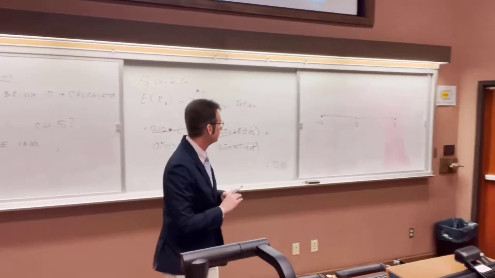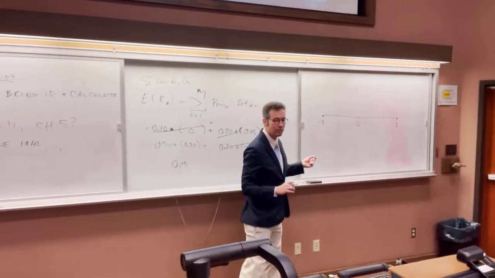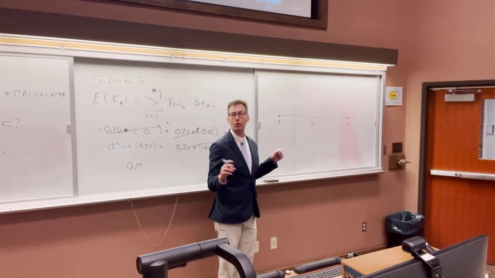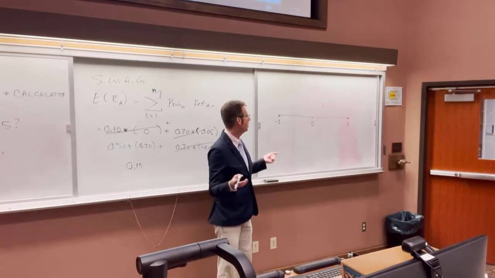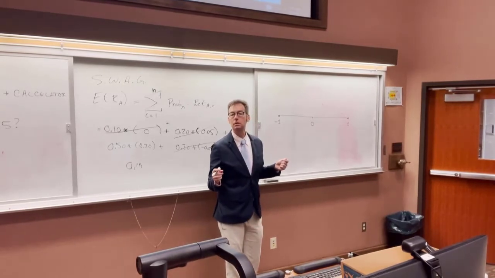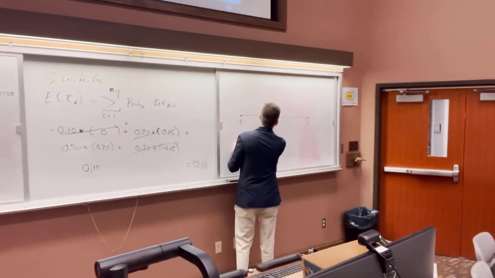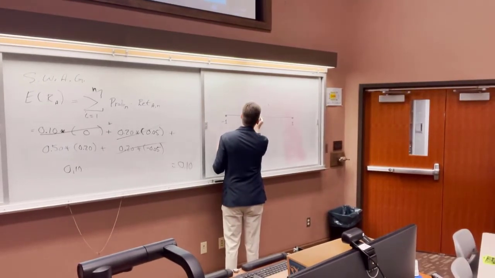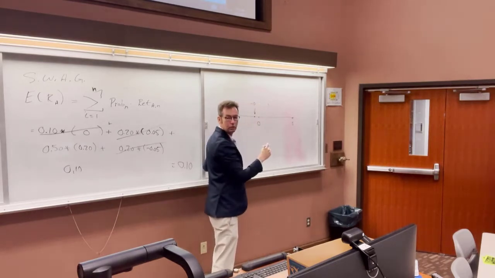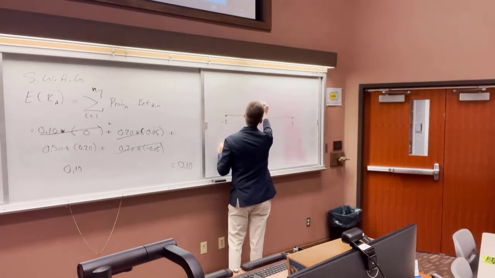Okay, so where does my minus 0.04 basically fall on this scale? To the left of 0, just to the left of 0. Right about here is our minus 0.0394.